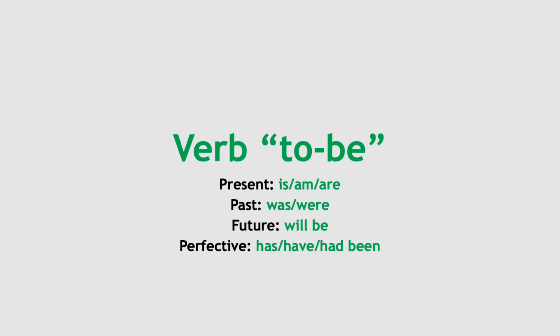By verb to be, we mean in present tense is, am, are, the linking verbs, or the past form was or were, future form will be, and for the perfect aspect of the verb to be, it will be has, have, or had been.